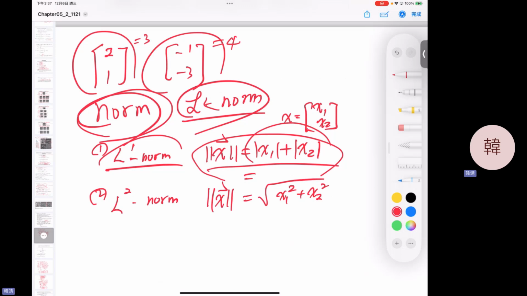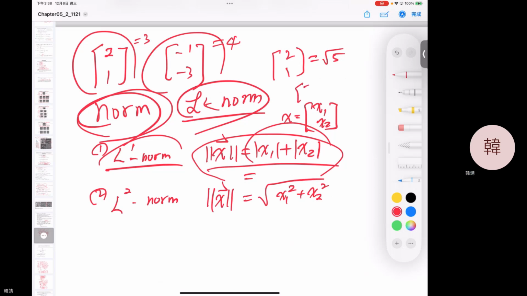For every vector, you can calculate the distance of your vector with respect to the origin: x1 minus 0, squared, x2 minus 0, squared. So for these two vectors, what's the L2 norm? The L2 norm for this one becomes root of 5. That's the distance from this point to the origin in a two-dimensional plane.